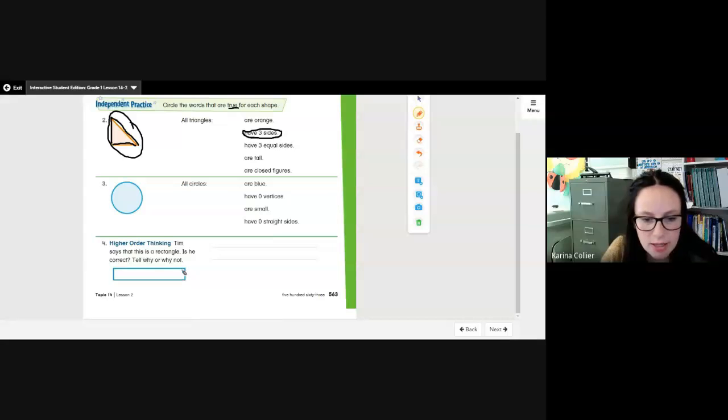A rectangle is a 4-sided closed shape. But, uh-oh, there's an opening here. And rectangles do not have open spaces. They're closed shapes. So is Tim correct when he says that this shape is a rectangle? Write your answer in the lines provided.